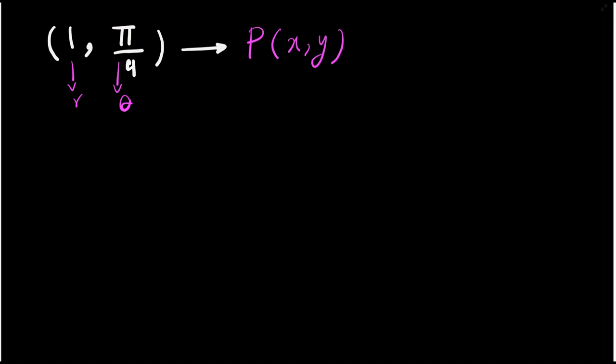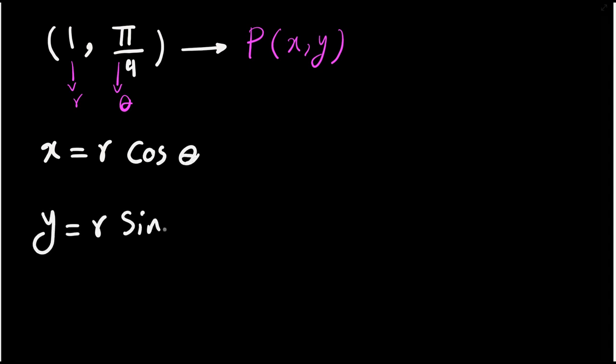So based on r and theta, how can we calculate x and y? As I said, x is r cosine theta and y is r sine theta. So by plugging r and theta into the formulas, you can find x and y.